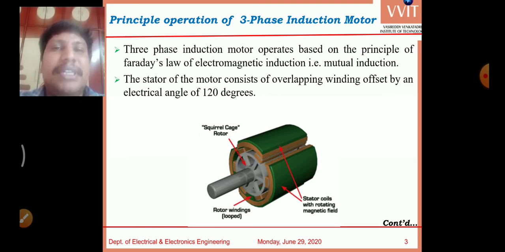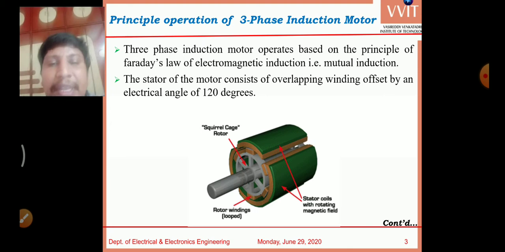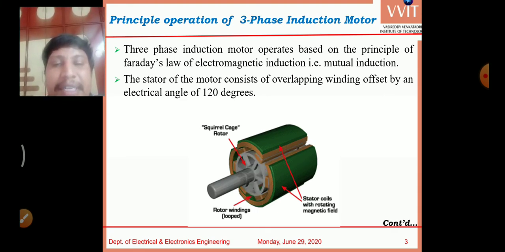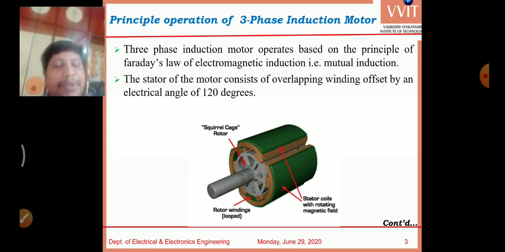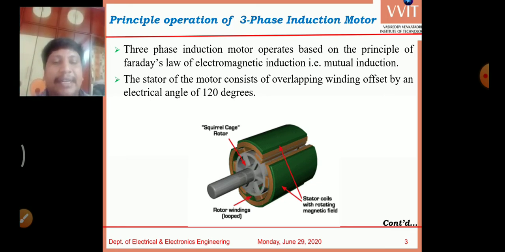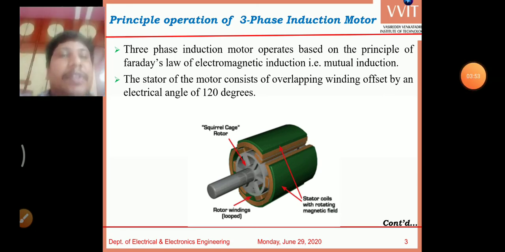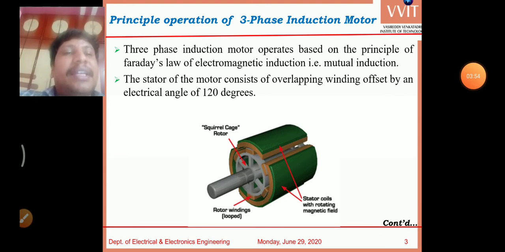Due to that EMF, currents flow through the rotor conductors. Here, the relative speed between the rotating flux and the static rotor conductors is the cause of current generation. Hence, as per Lenz's law, the rotor will rotate in the same direction to reduce the cause, that is, the relative velocity.